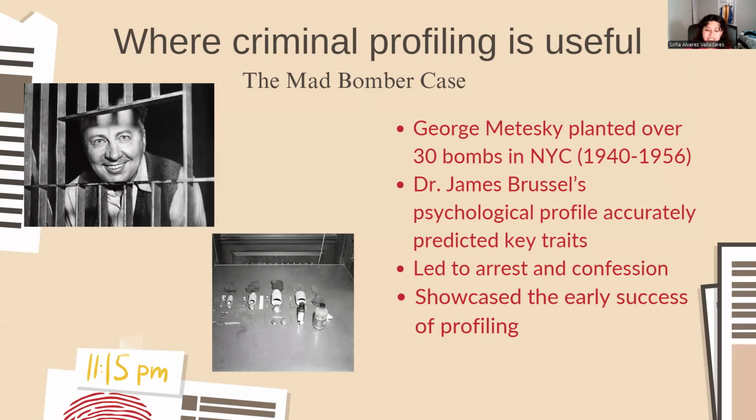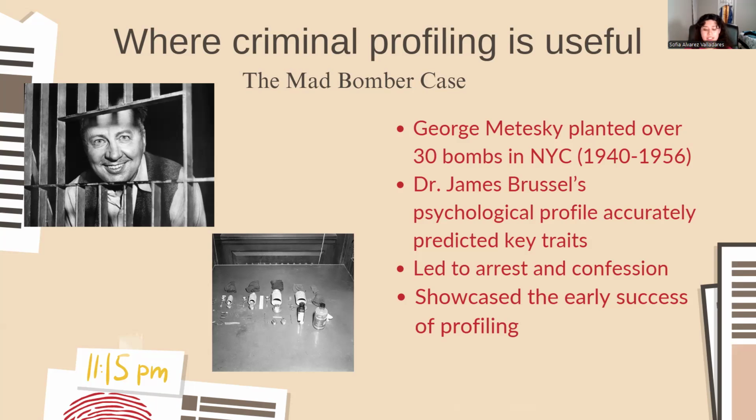A psychiatrist named Dr. James Brussel created a psychological profile that accurately predicted Metesky's traits, including his mental state, religious beliefs, and how he dressed. This case is often celebrated as a milestone in the history of profiling, demonstrating how psychological insights can directly contribute to solving cases.